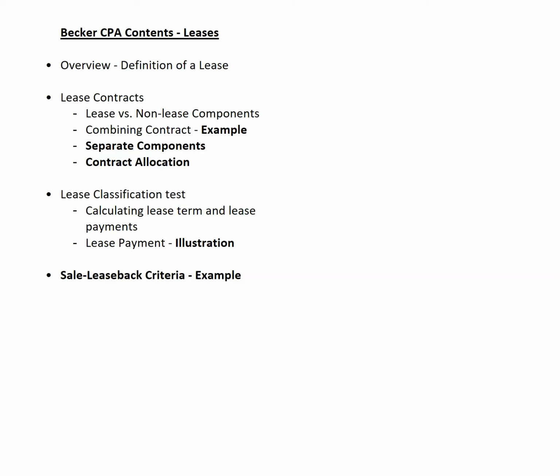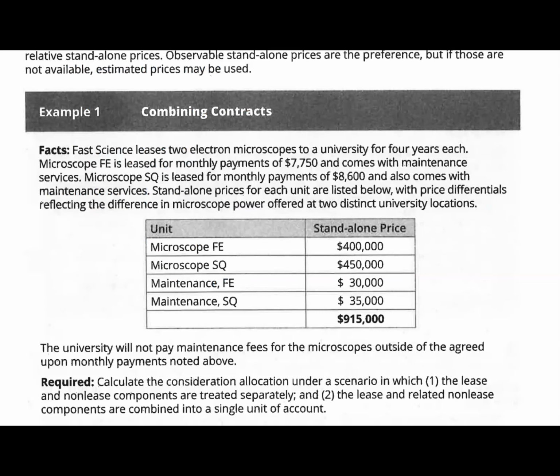One way is that you can separate the lease components from the non-lease components, or you can separate the lease components and also combine them with those related to the non-lease components. So we will see one example of combining the contract. We will see how we allocate the price when you have lease and non-lease components, whether you combine those or put them separately.